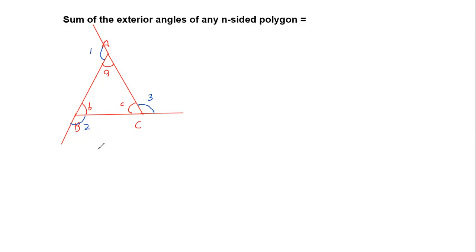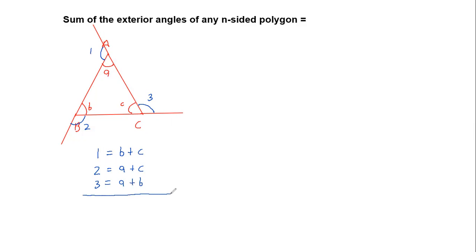So in this case, angle 1 will be equal to the sum of the opposite interior angles, that's B plus C. Similarly, angle 2 will be equal to A plus C, and angle 3 will be equal to A plus B.